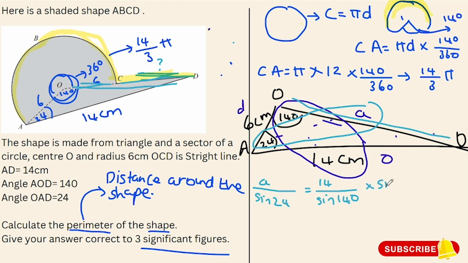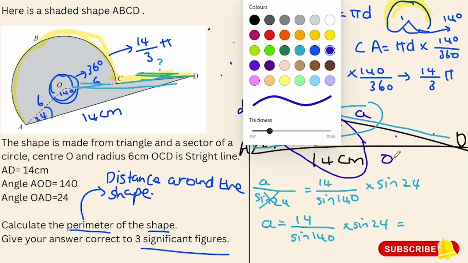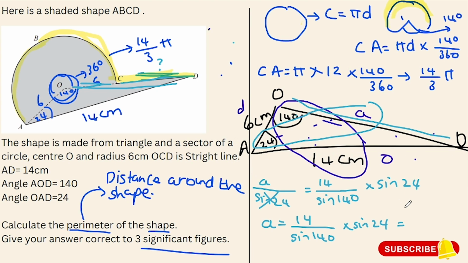So a equals 14 over sine 140 times sine 24. And if I place that on my calculator, I should get the value of 8.858. Now that gives me O to D.